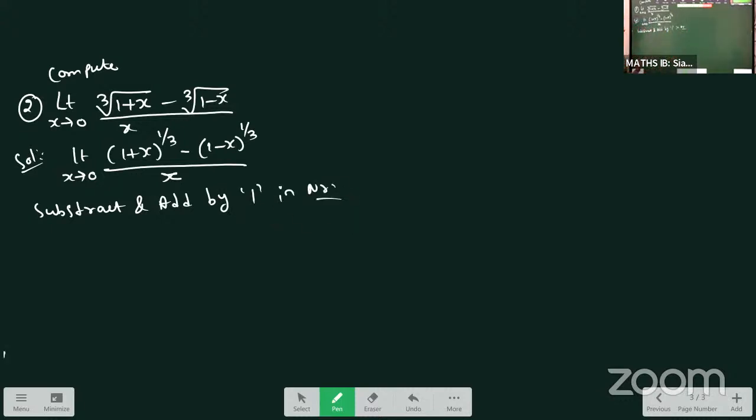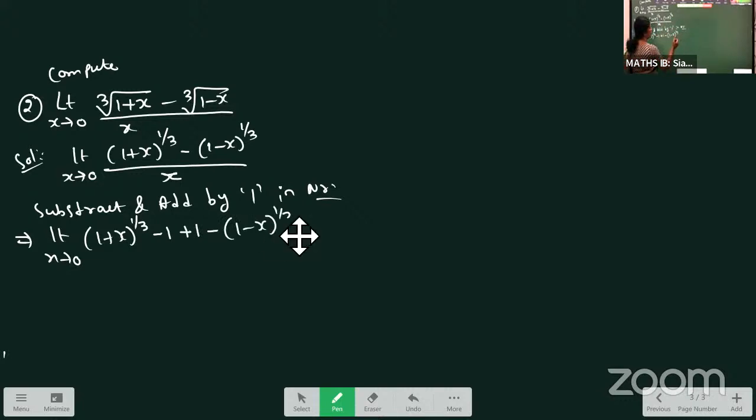Generally we write add and subtract, but here subtract and add. Limit x tends to 0, 1 plus x power 1 by 3, subtracting 1 and adding 1. Next term is minus 1 minus x power 1 by 3, whole by x.